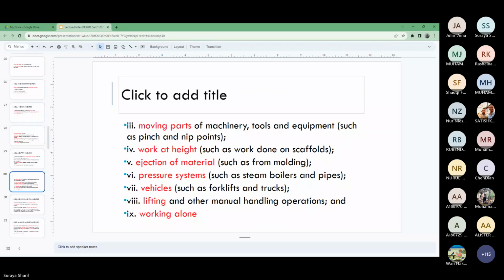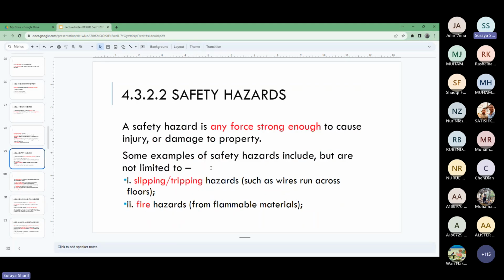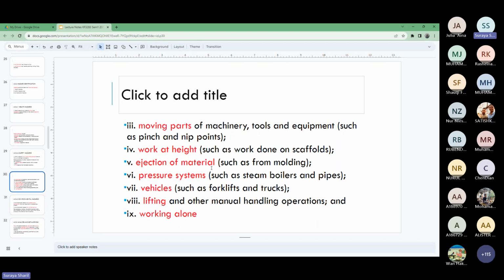So it is a regulation for the experimental activities to be accompanied by a technician. Maybe another example here.